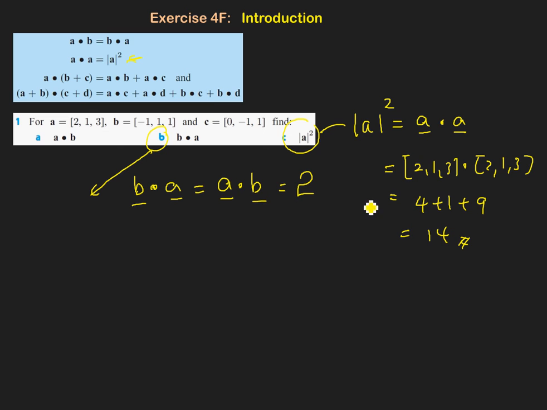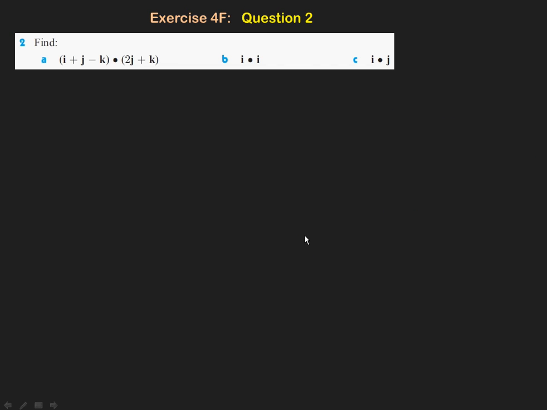Look at the last one here before we end. Here we have i, j, k, a different way of representing a vector. So where's i? Yes, you're right, the i component is 0, so that's why you don't see i here.